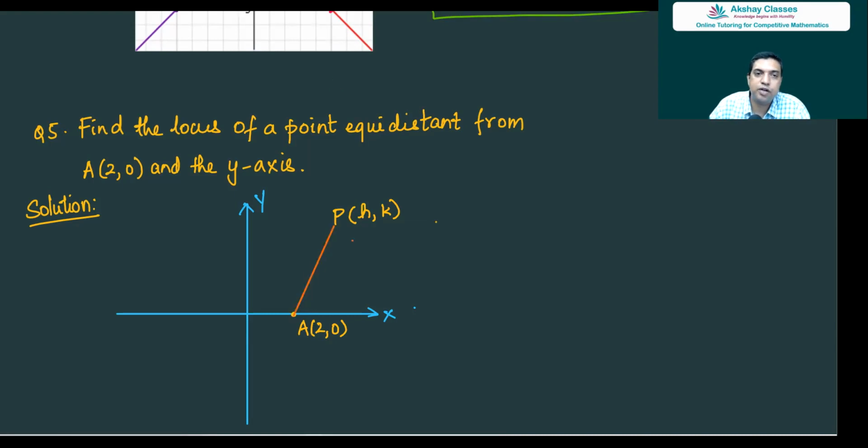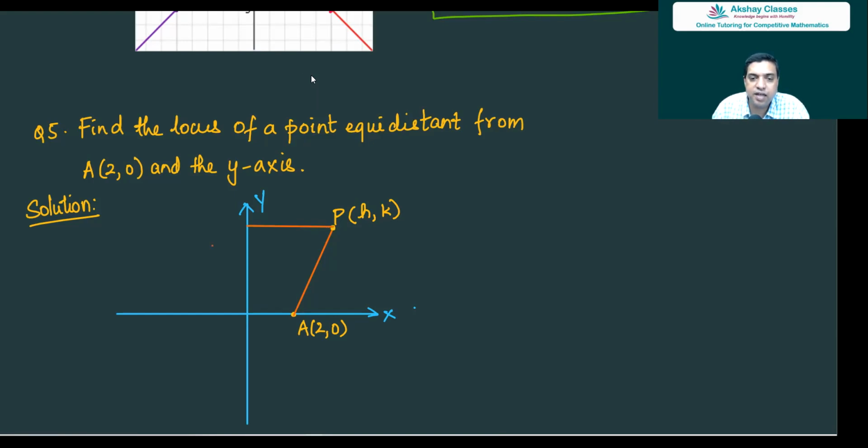So this is that point P. Now the distance of P from the point A is the same as the distance of P from the y-axis.